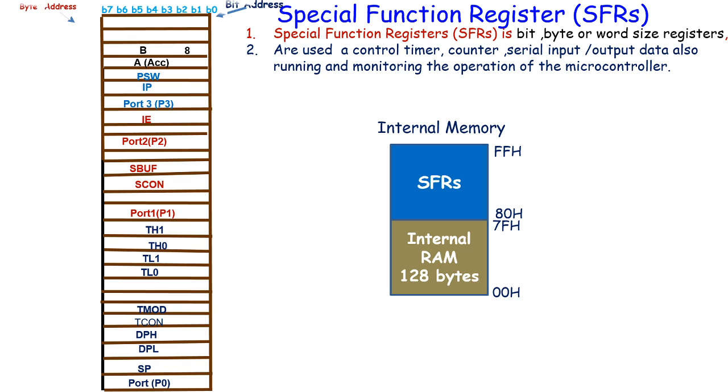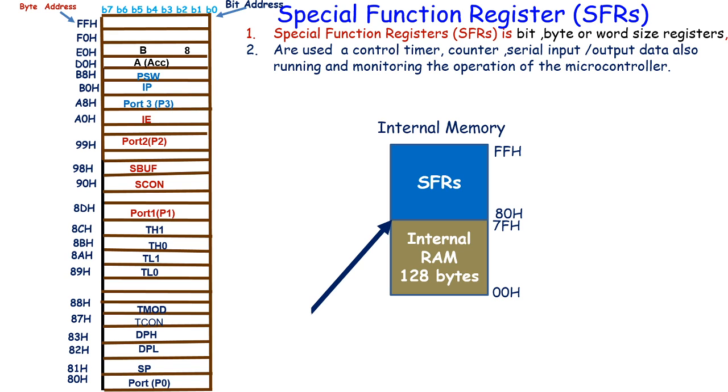The special function registers belong to the address range 80H to FFH. This is the initial address, and FFH is the ending address. So this area belongs to special function registers.